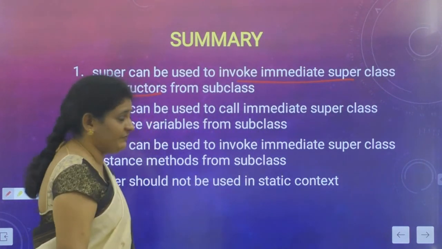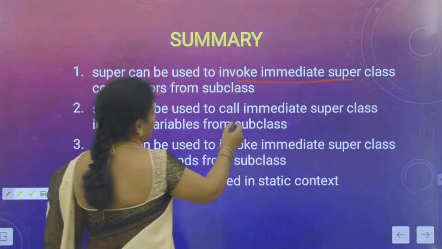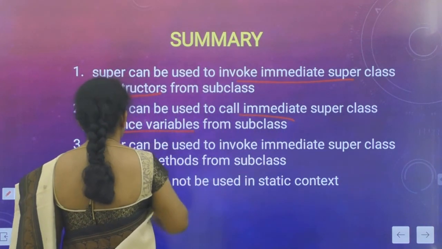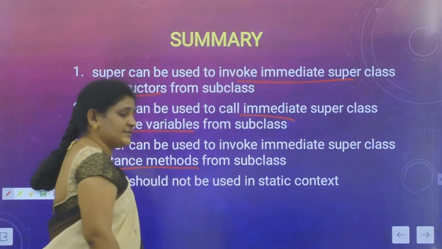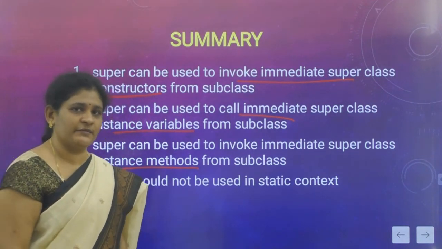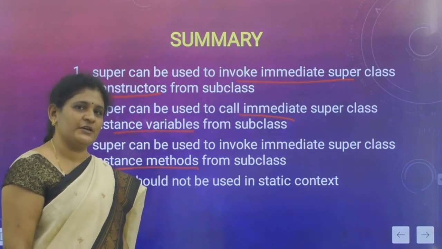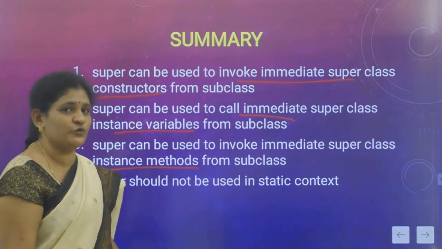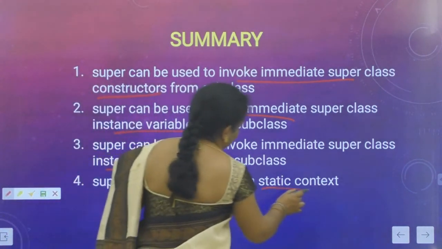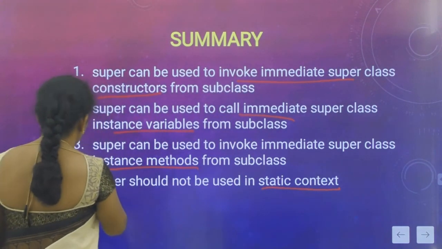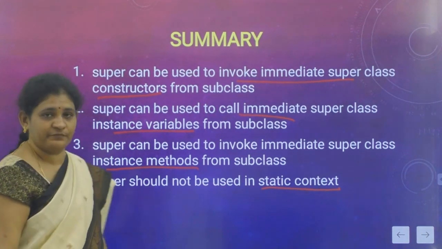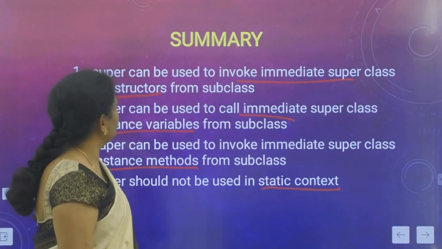We use the super keyword to call immediate superclass instance variables and immediate superclass instance methods. And where we should not use the super keyword: it should not be used in a static context. That is the don't you need to remember. Understood? Fine.